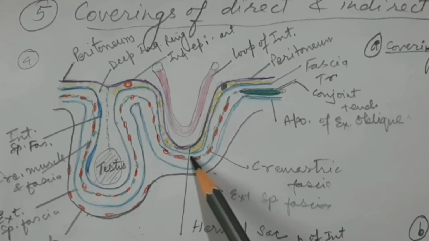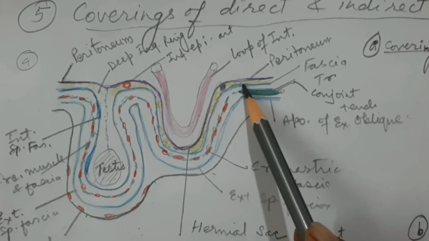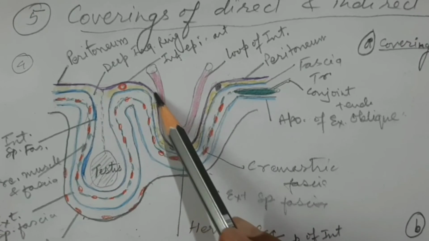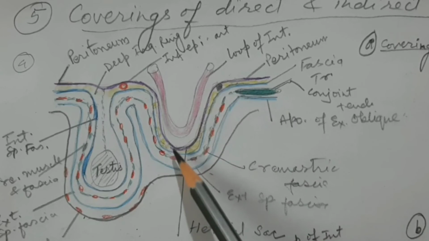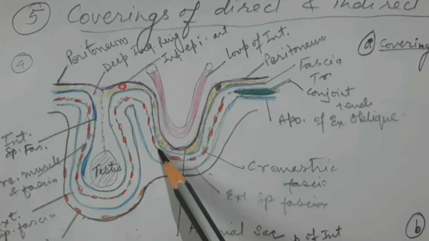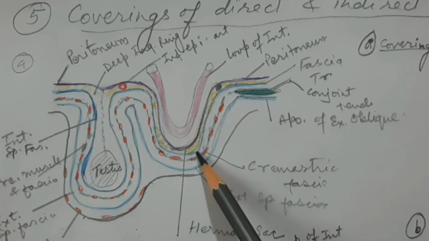This violet line is the parietal peritoneum, then the yellow extraperitoneal fat, and then it will push the fascia transversalis, which forms the posterior wall of the inguinal canal.